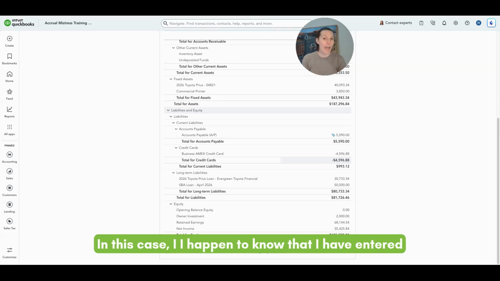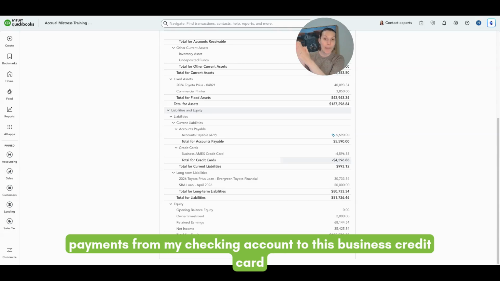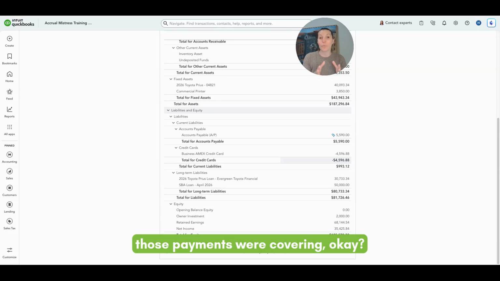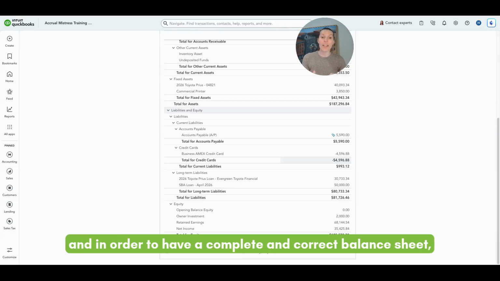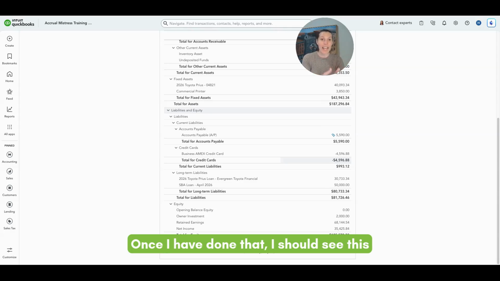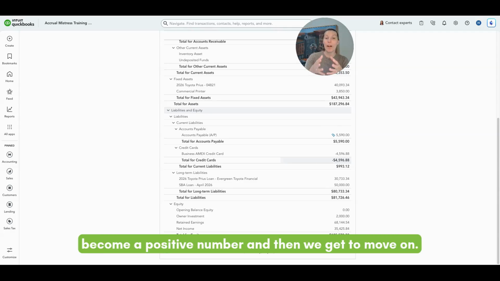In this case, I happen to know that I have entered payments from my checking account to this business credit card, and I have not yet entered all of the transactions that those payments were covering, okay? So I know that I'm missing some information, and in order to have a complete and correct balance sheet, I have to go in and enter that transactional data, okay? Once I have done that, I should see this become a positive number, and then we get to move on.